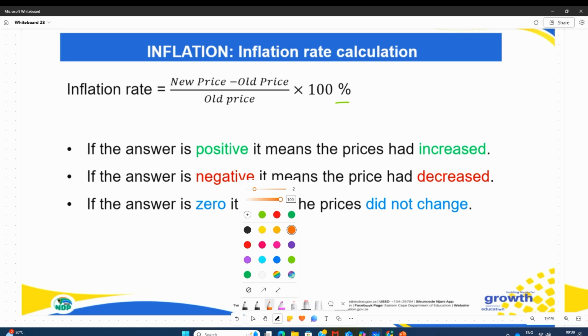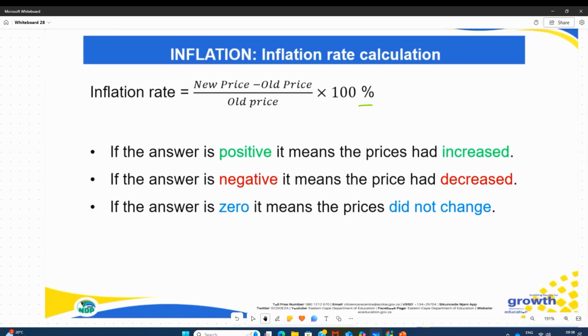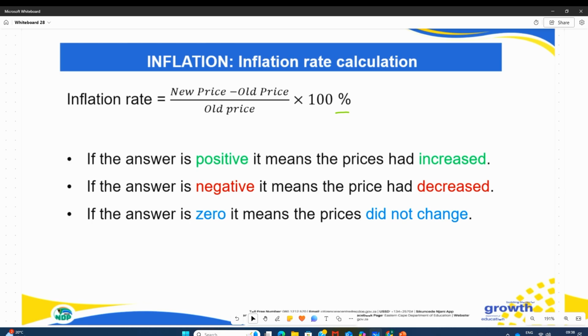When the new price is bigger, we'll get a positive answer. But when the new price is less than the old price, we'll get a negative answer. When the price did not change, meaning the old price and the new price were the same, that is when we will get a zero.